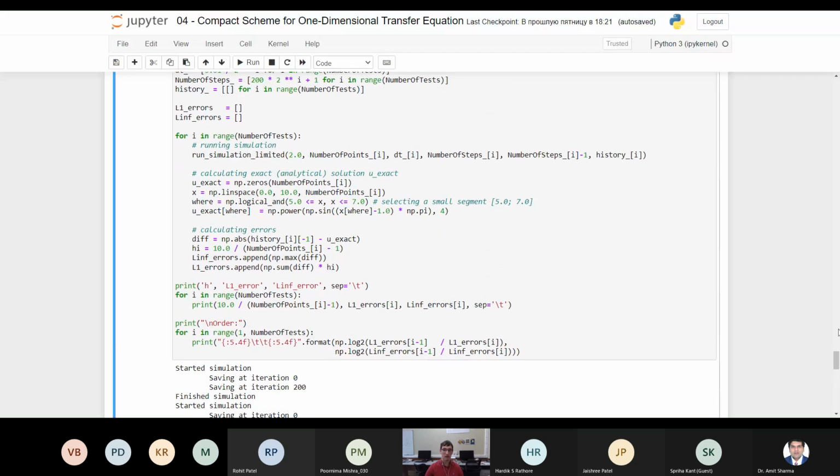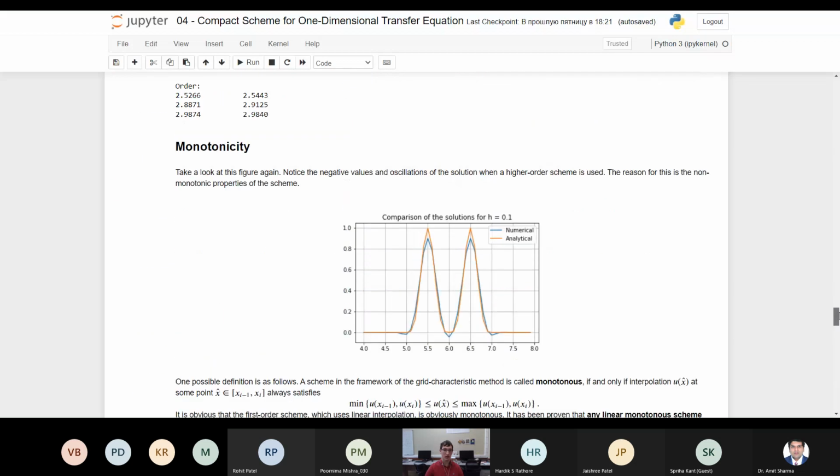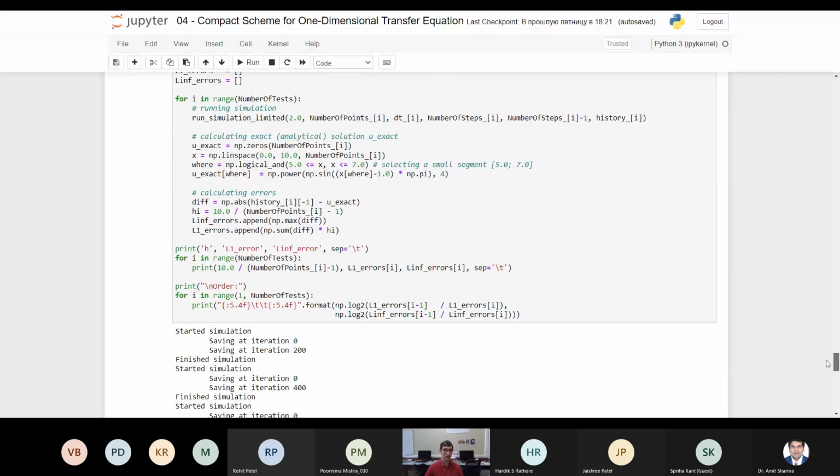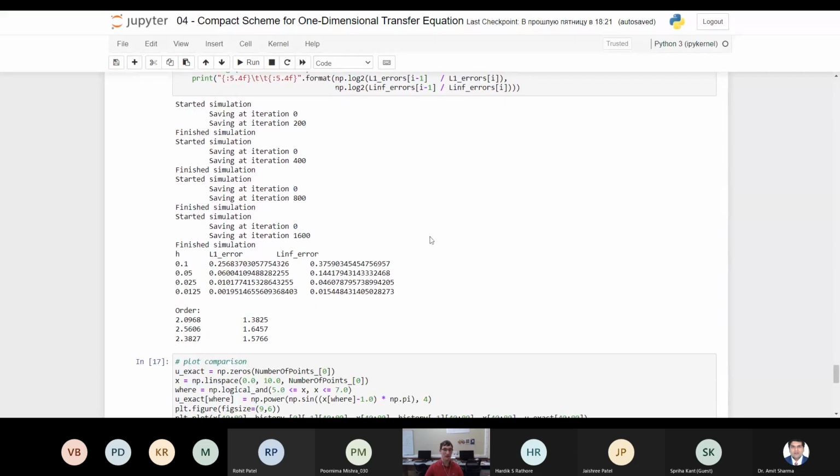When we use the scheme without any monotonizers, we had the order almost 3, and the error was decreasing very rapidly, which can be seen here. And now with this monotonizers, the order is smaller and the overall error is greater.